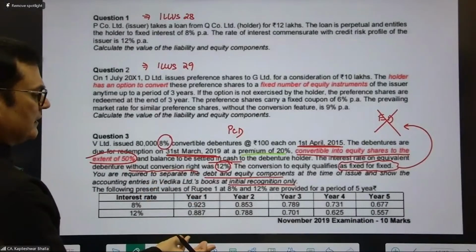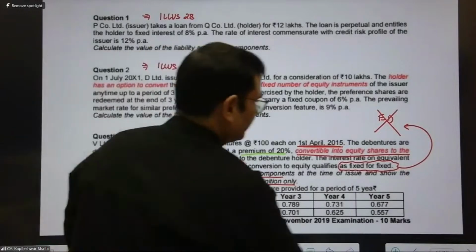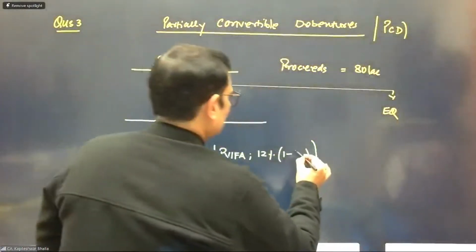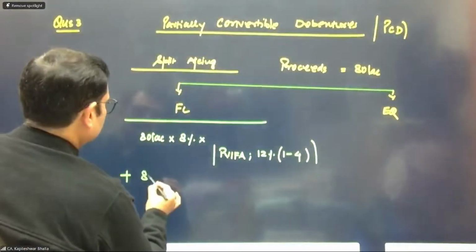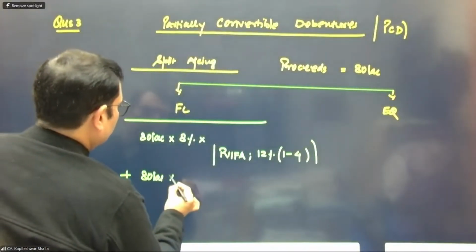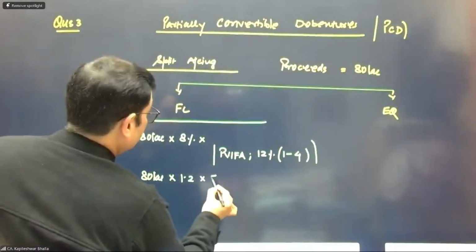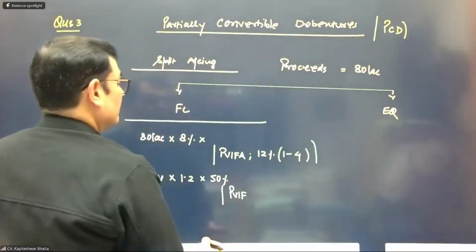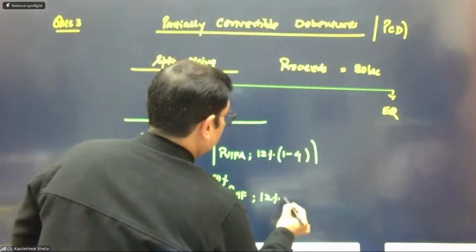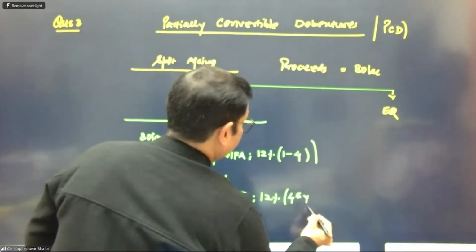Yes, 15 to 4 years. 16, 17, 18, 19, 4 years. So we need accumulation of 4 years in this case, and we will consider 80 lakh rupees to be paid at a 20% premium into 50%. We need a PVIF, at the rate of 12% at 4th year end.